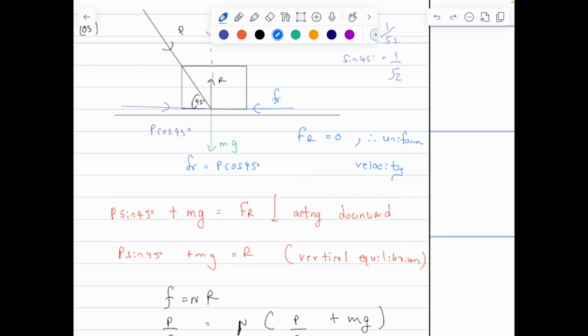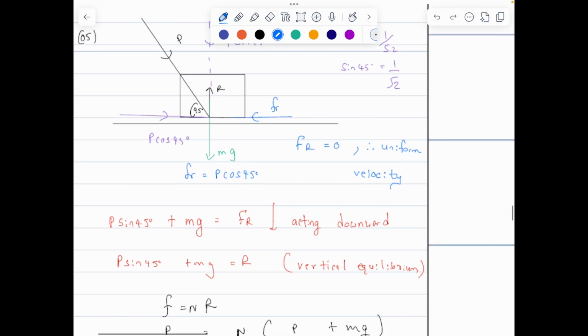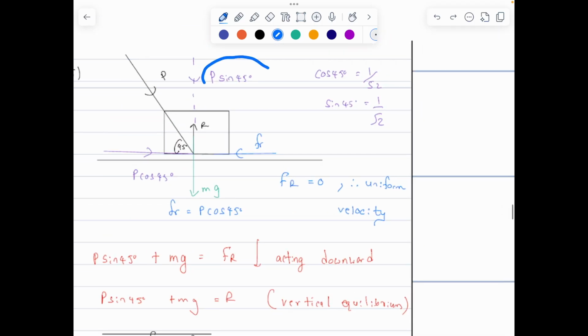Alright, so the reaction is equal to P sin 45 plus mg, because P sin 45 is acting downwards along with the weight downwards. So P sin 45 downwards plus the weight downwards gives you the total reaction upwards. Because the total downward force, P sin 45 plus the weight mg, has to become equal to the reaction in order for there to be a vertical equilibrium.